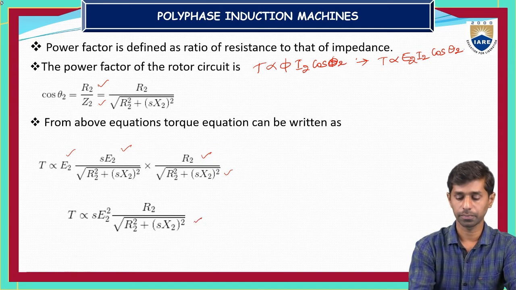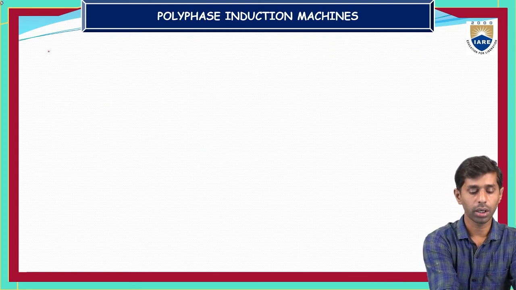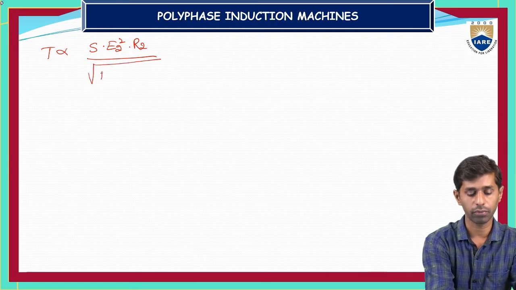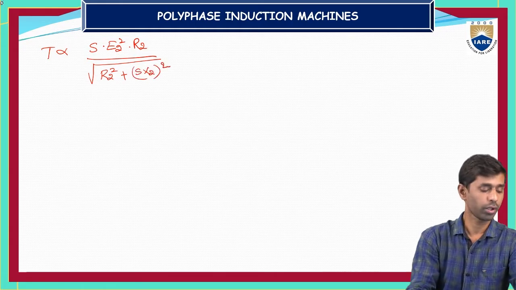So then, torque is proportional to S times E2 square into R2 by impedance of the winding, that is square root of R2 square plus S times X2 whole square.